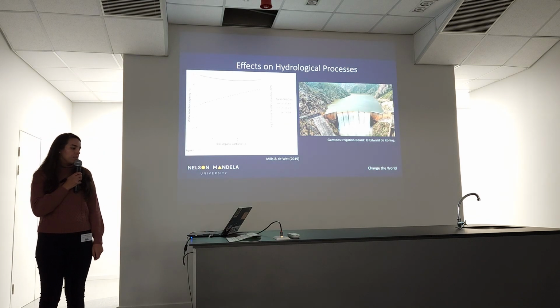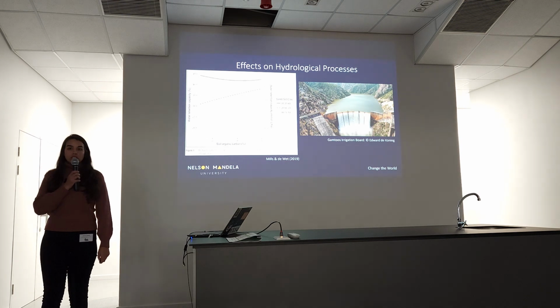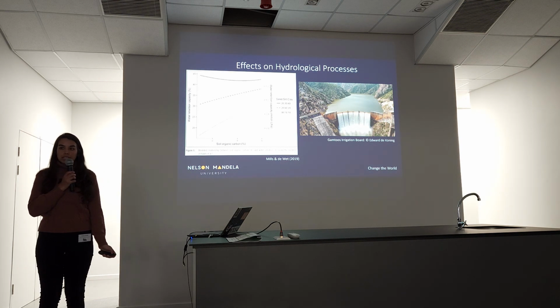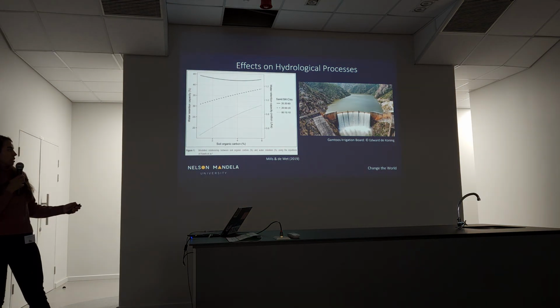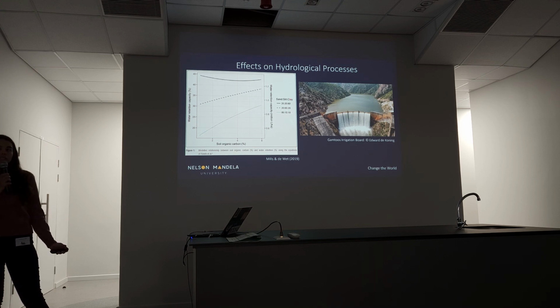Another study by Mills and de Wet modeled water retention in different soil textures. They considered the sand-silt-clay proportions of 80-10-10 to be consistent with what is often found in thicket vegetation areas.